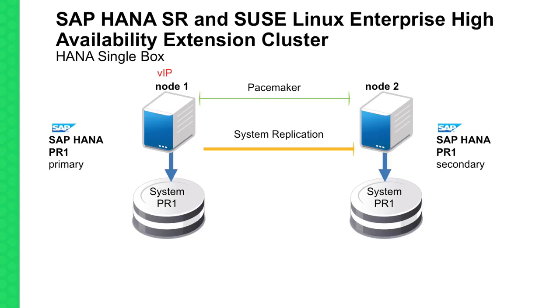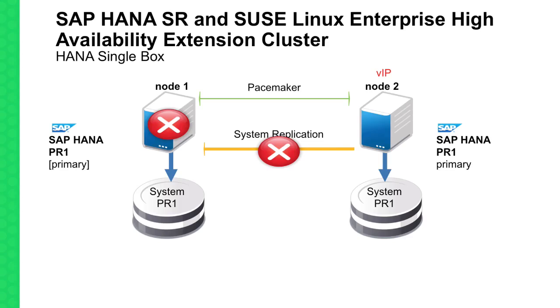We add a virtual IP address where the clients connect to, but the system replication is still managed by HANA itself, okay? It's not automated. So what happens? When a primary node fails, at a certain point, the system replication will also stop, okay? And Pacemaker will act and move the virtual IP to the second node.